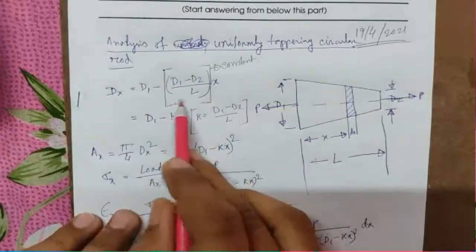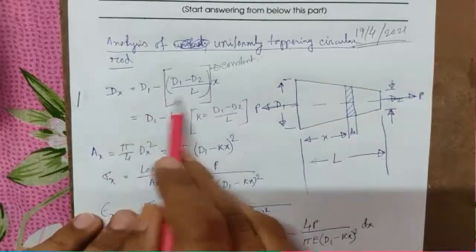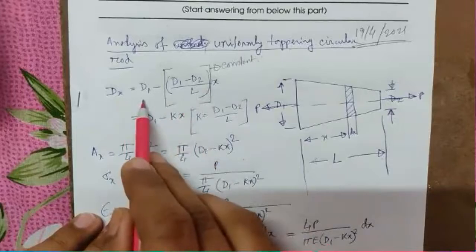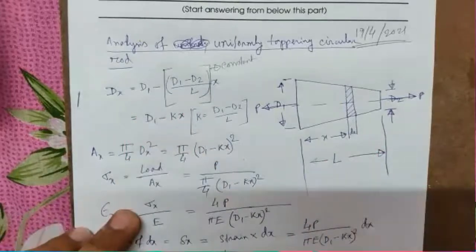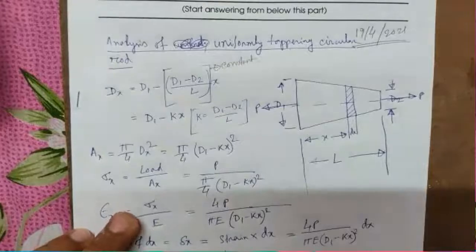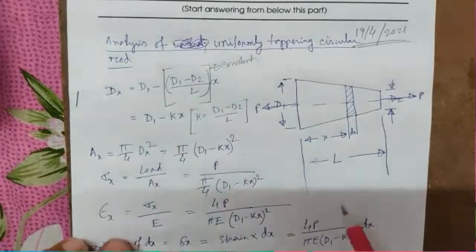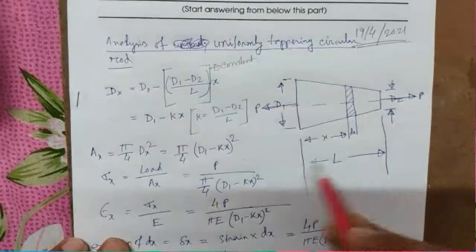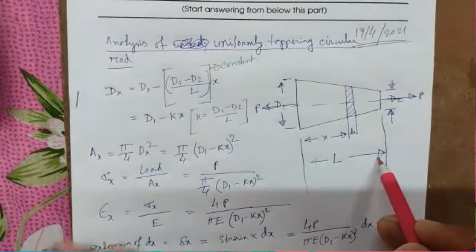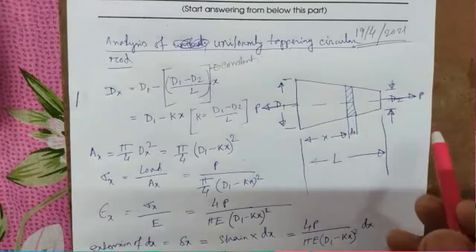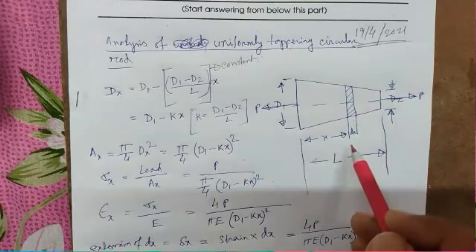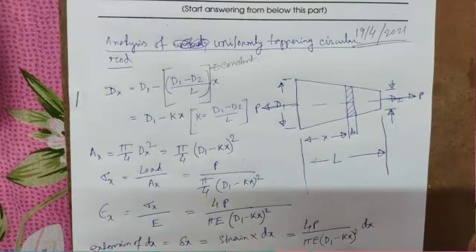Now if the variation is this much, you just subtract this portion from this bigger diameter, and you will come to here. For this L length, variation is d1 minus d2. So for unit length, variation will be d1 minus d2 by L. For x length, it will be d1 minus d2 by L into x. Is it clear now?